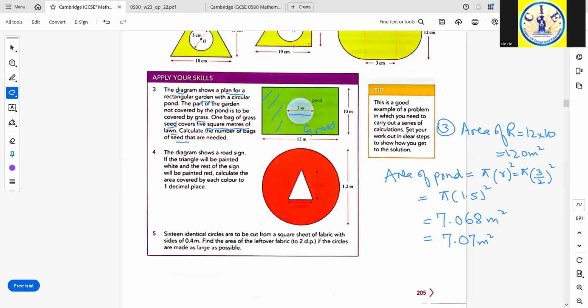Now from this area of the rectangle, I need to calculate the area for grass. 120 minus 7.07.